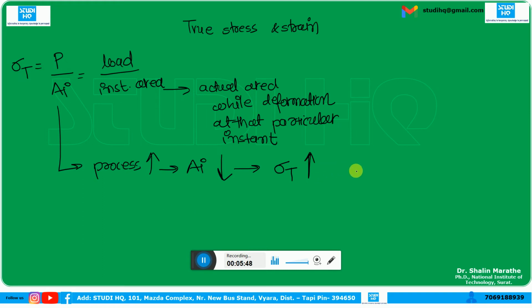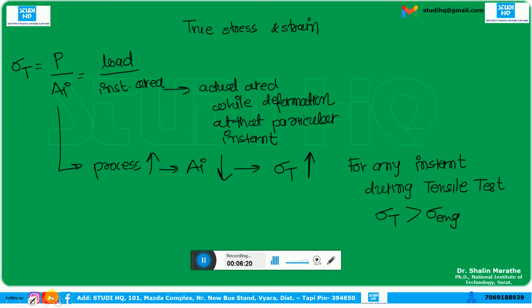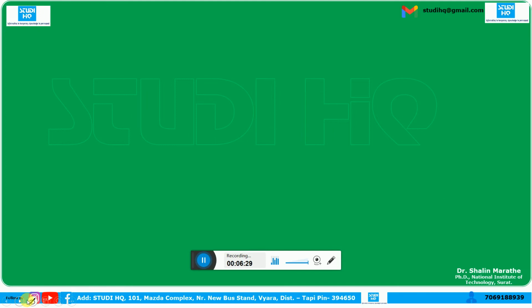So always remember that at any instant during the tensile test, true stress will be higher than the engineering stress. There is a clear relation between true stress and engineering stress that we will see now.